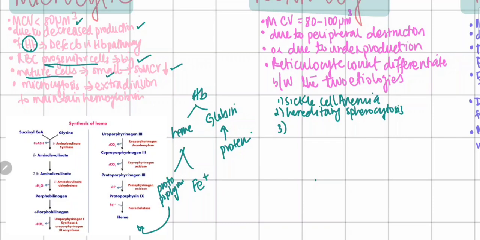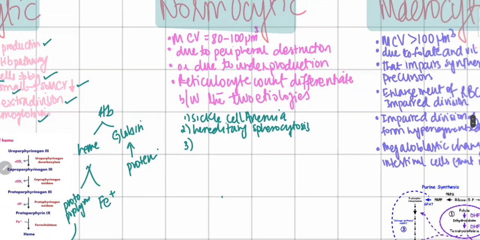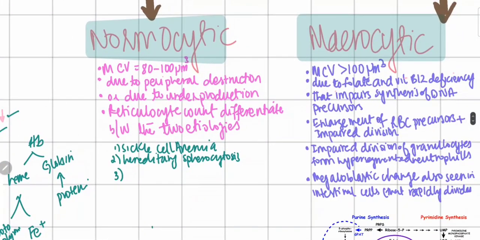There is another concept that there might be microcytosis, which means there is an extra division of the cell to maintain hemoglobin. Okay, next is the normocytic anemia. In normocytic anemia there is normal MCV, but there could be increased peripheral destruction, or it could be due to underproduction.